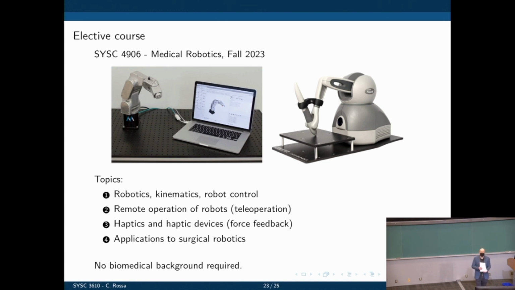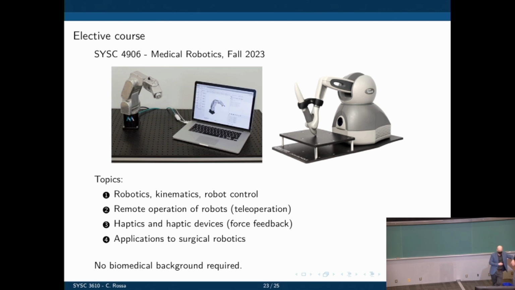You can sign up for this, and the objective of this class is the extension of this one, but applied to robotics. And it's going to be called medical robotics because it has applications to medical surgery using robots, but you don't need any biomedical background to take it.